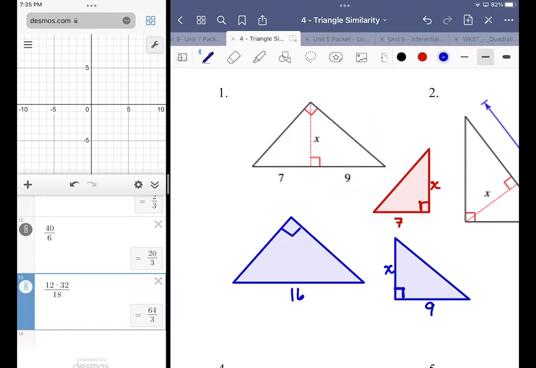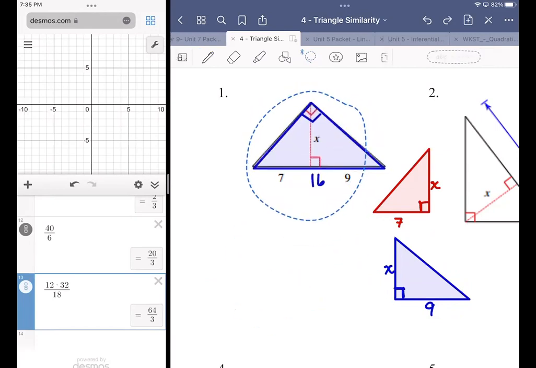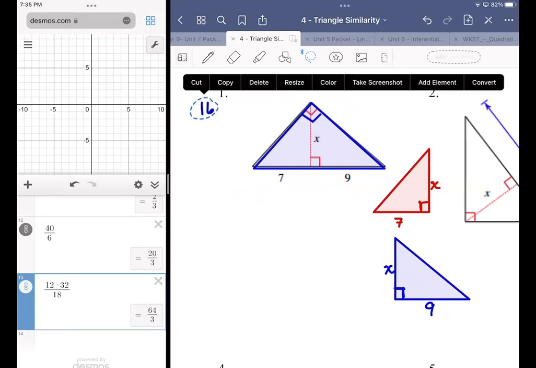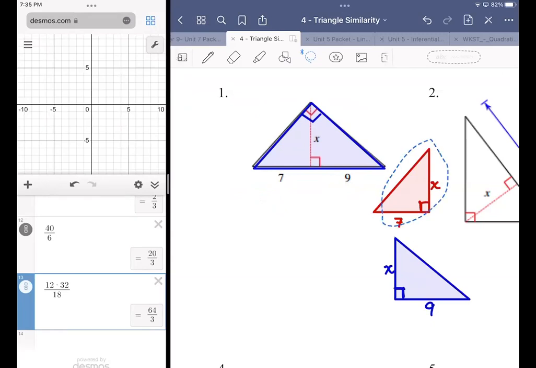In this case, we have two that are relevant and one that is not. The one that has minimal information is really not telling us anything, because I can't make a proportion out of that. I don't have a variable, I don't have another number. There's nothing going on here. So that big triangle might as well just stay back where it came from. It's part of the fun, but it's not really contributing.